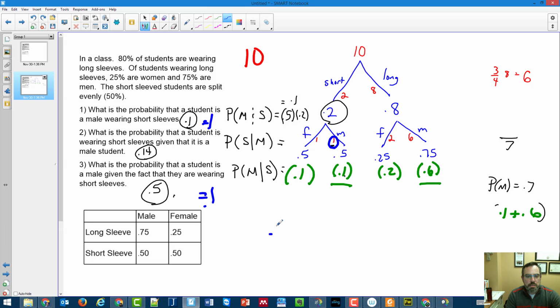Normally I would say, well, it's 14%, but what's it 14% of? 14% of the 7 students that I have here, and 14% of 7 is 0.98, which is rounded off to 1. There's my 1 student. The answer to all of these questions is this male student wearing short sleeves, but notice the different percentages because of the way that you ask them. Whether you know they're short sleeve or whether you know that they're male.